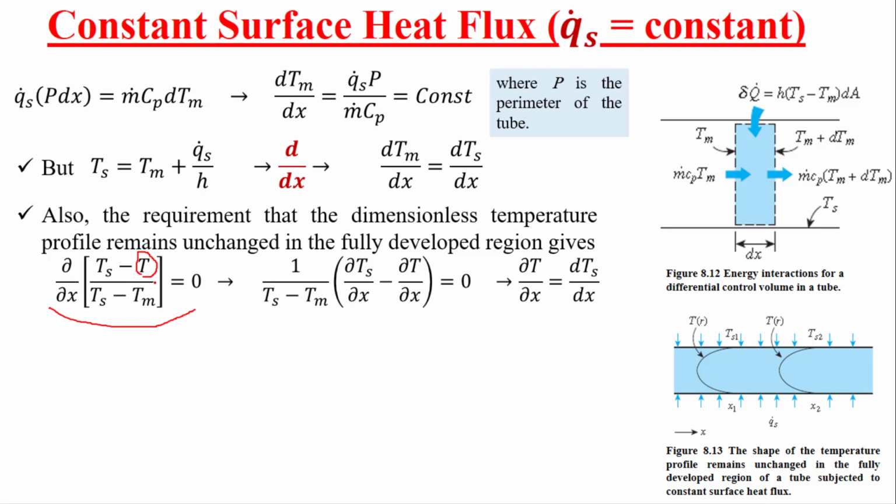Remember? So the temperature here varies only with r. Now if I take the derivative with respect to x, because temperature depends on two variables, the length x and the radius r, this is why here we see a partial differential.